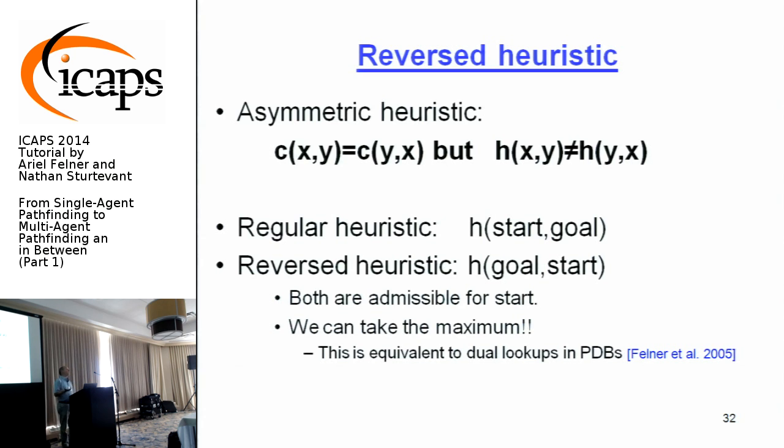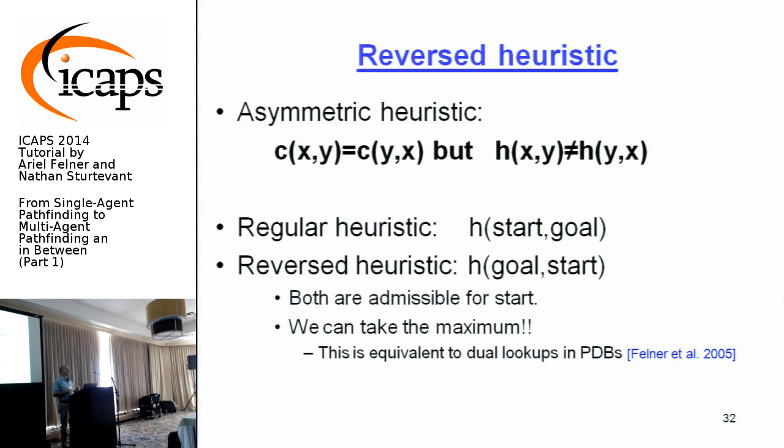But many simple heuristics, Manhattan distance, octile distance, just give me two states and I'll give you the heuristic between them. And a goal is just a special case of these heuristics. So think about the heuristic being asymmetric in the sense that, although we are measuring the same distance, the heuristic itself is not the same.